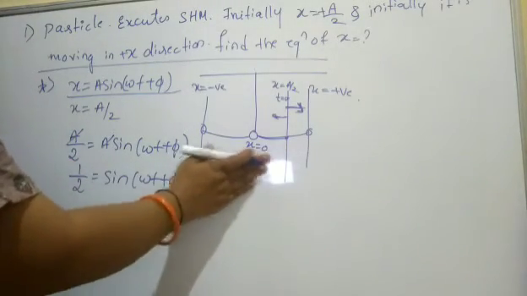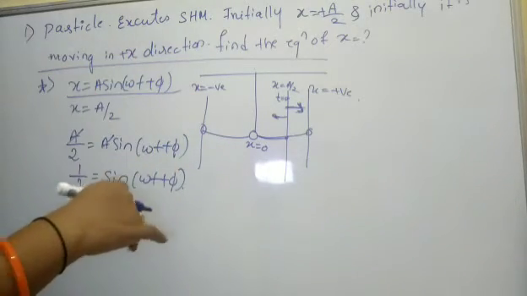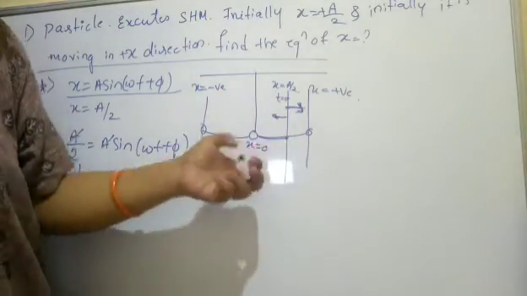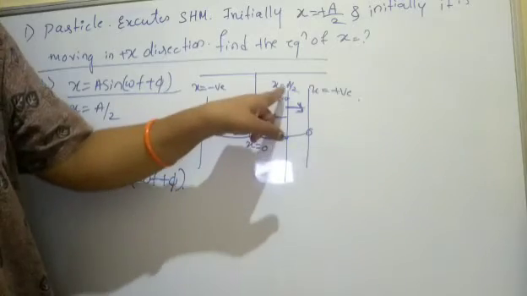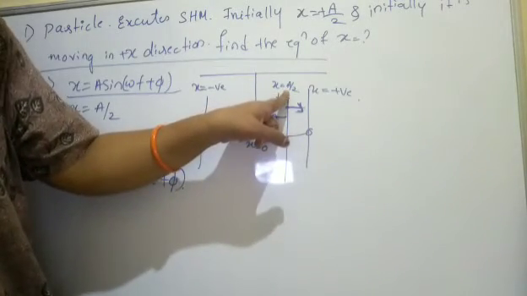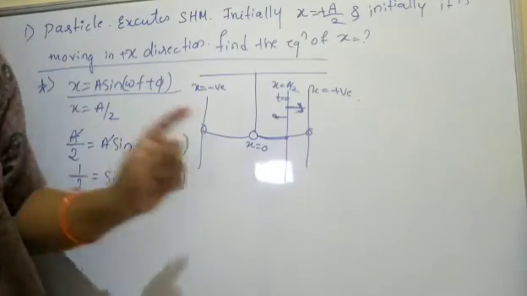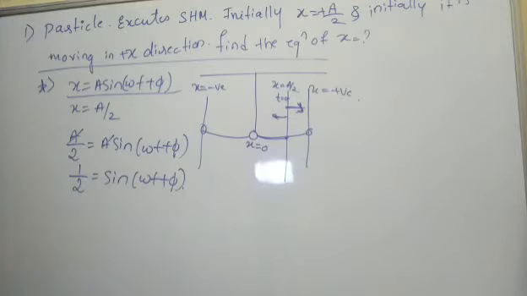But in the given equation, it is not compulsory that it has to move from the mean position only. It may move from negative, it may move from positive. But right now in the given problem, the particle is not at the mean position, it is at a/2. From that it is executing simple harmonic motion. So at that time we'll take t = 0.